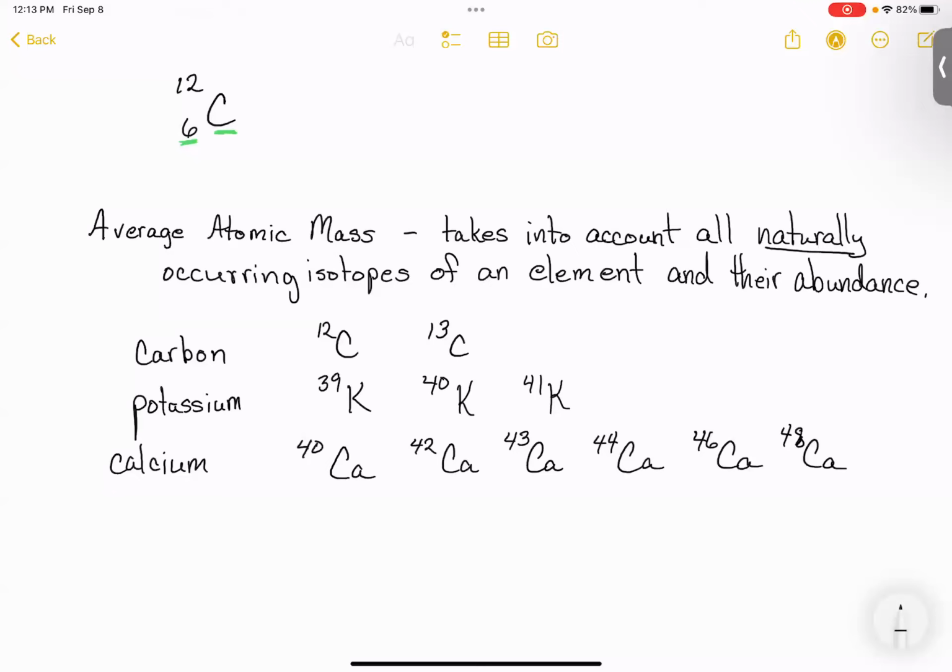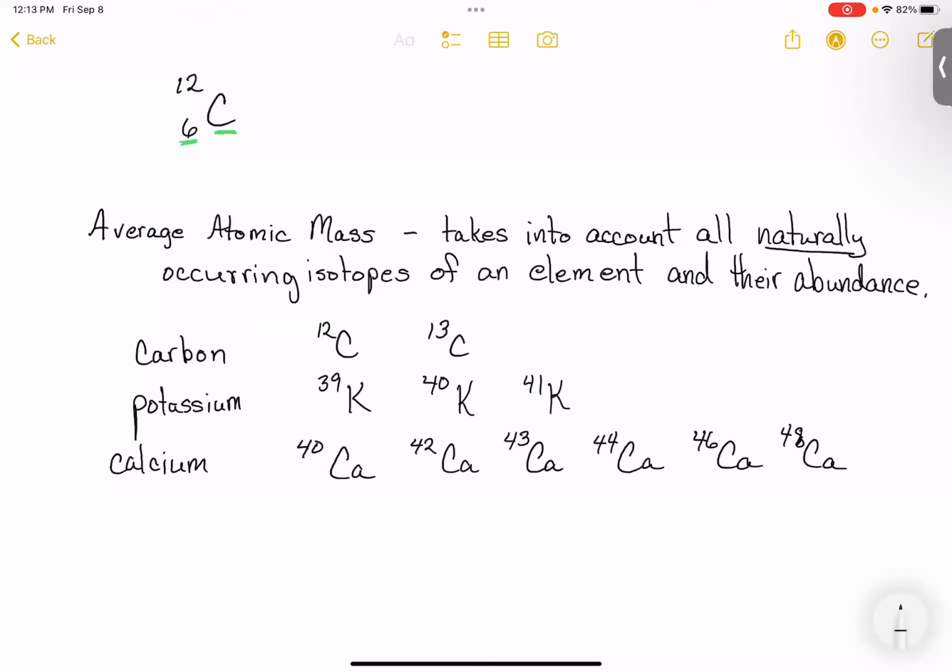So high school teachers tend to use those terms interchangeably, but they're not. And so it is my turn to break that habit and actually teach you how to determine that red number on the periodic table, which is known as the average atomic mass. Now, before I get into that, let me ask you another question.